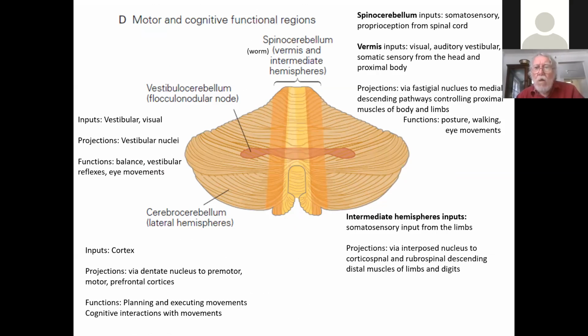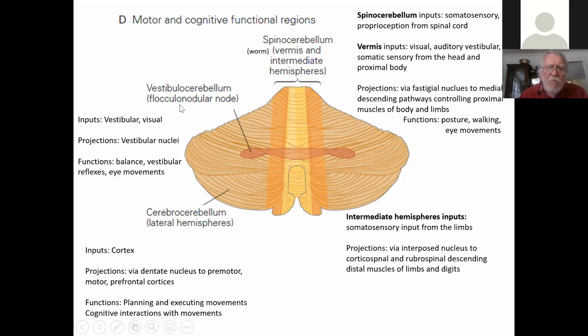It is visual, auditory, vestibular, and somatic sensory from the head and proximal body. Then a second is the vestibulocerebellum, which you can see projects much more into the posterior lobe, right around the horizontal fissure.